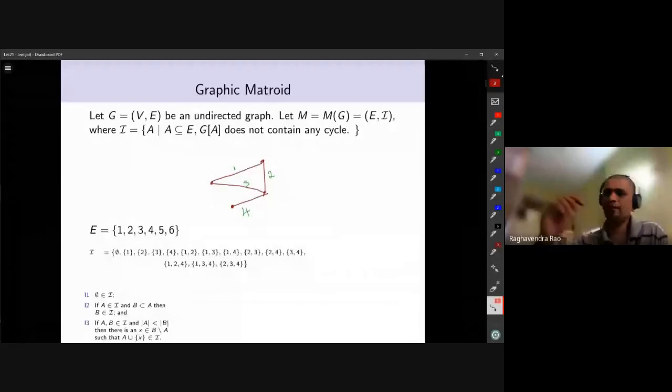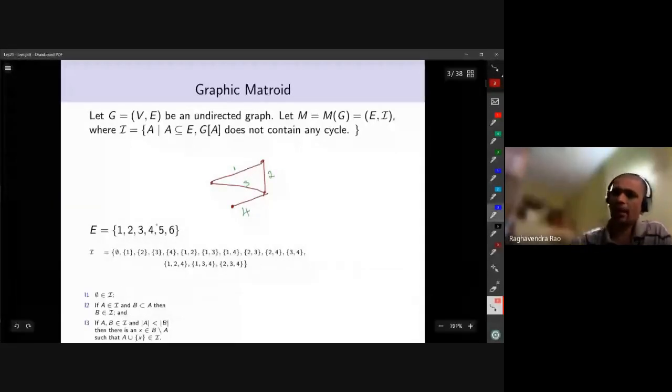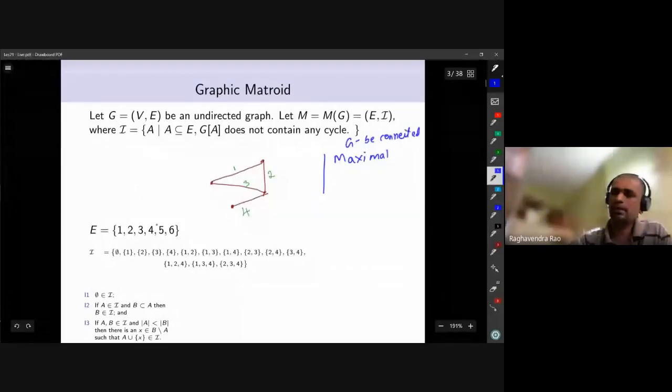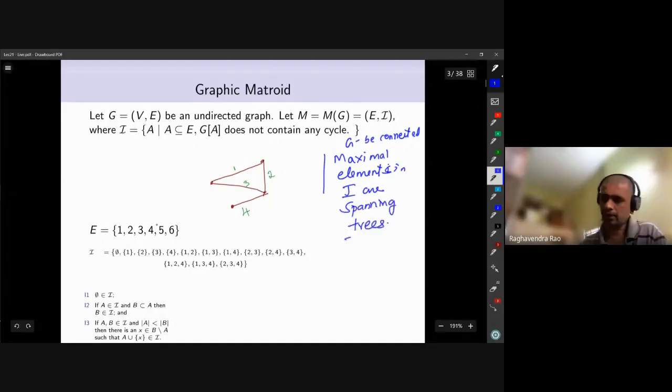So this set has the special property that maximal independent sets are trees. Suppose G is connected. Maximal elements in I are spanning trees. That's an important aspect here.